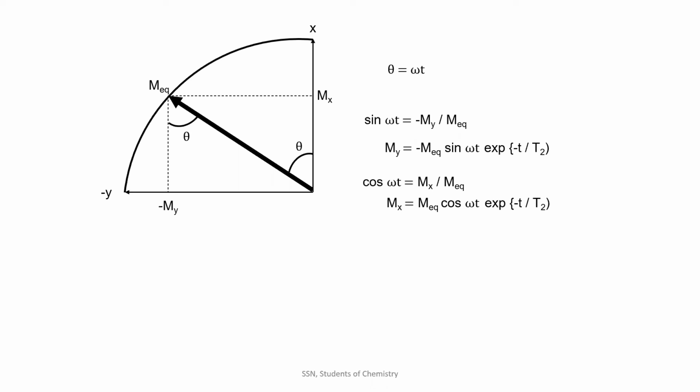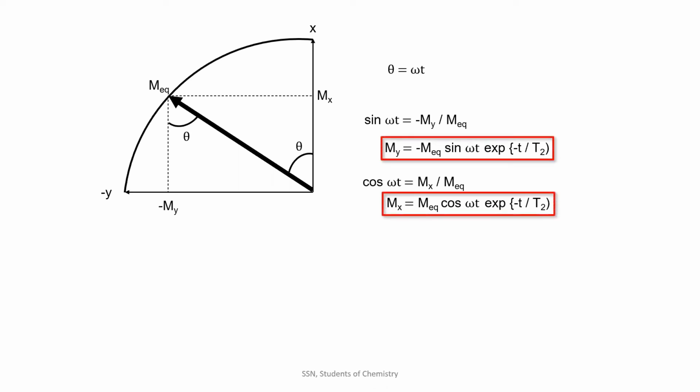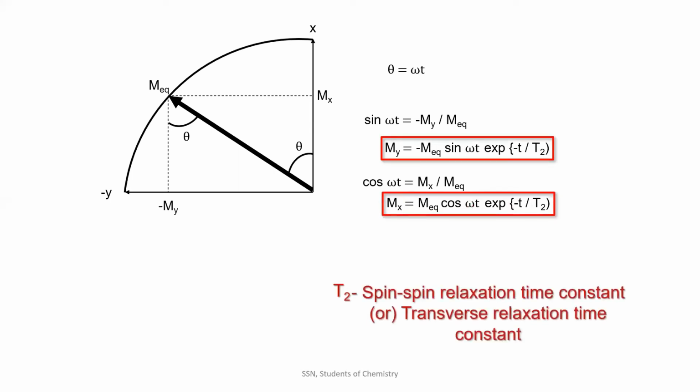And these two equations as a whole correspond to the spin-spin relaxation equations. And this T2, we will call the spin-spin relaxation time constant or transverse relaxation time constant. Wonderful, right? Now we know what is spin-spin relaxation, how it helps to restore the thermal equilibrium, and also the equations corresponding to the spin-spin relaxation.